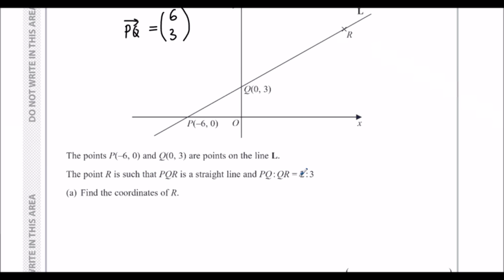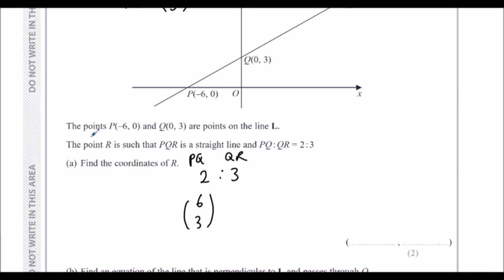So P to Q and Q to R are in the ratio 2 to 3. So it's 2 to 3, P to Q and then Q to R. And P to Q is 6, 3. So, well, we could work out what one part is by halving P to Q. So if I half P to Q, I get 3, 1.5. So that's one part. And then if I times that by 3, I'll get 3 parts.